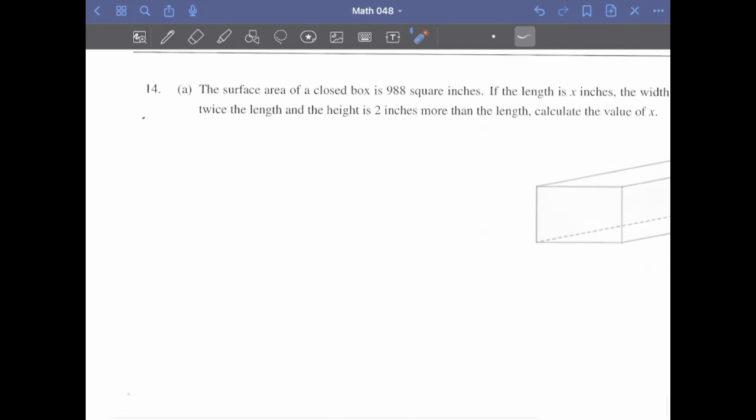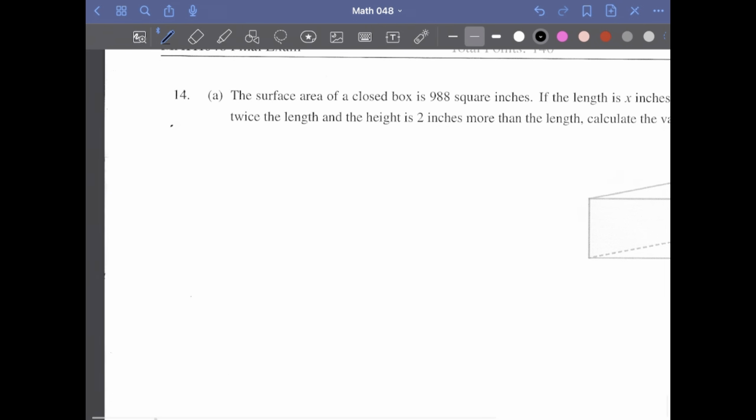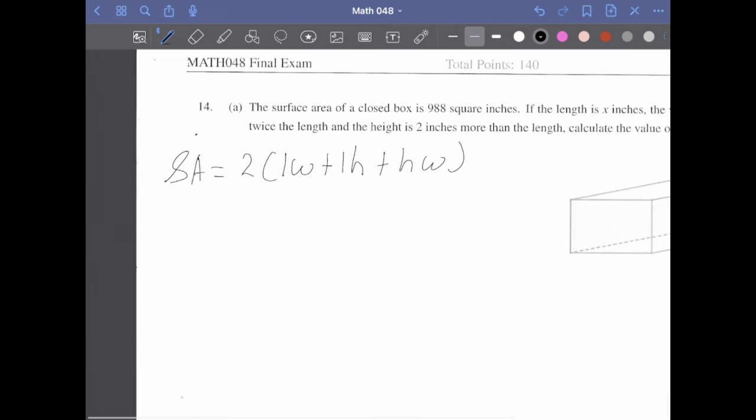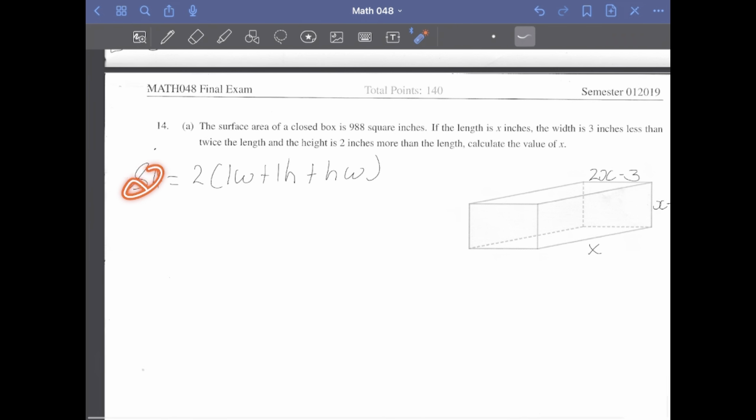So that's what this is. And that formula is: the surface area SA is 2 times LW plus LH plus HW. That's length times the width plus length times the height plus height times the width.